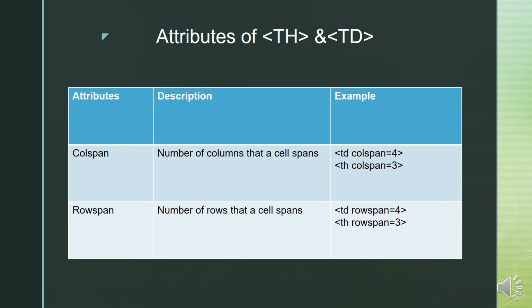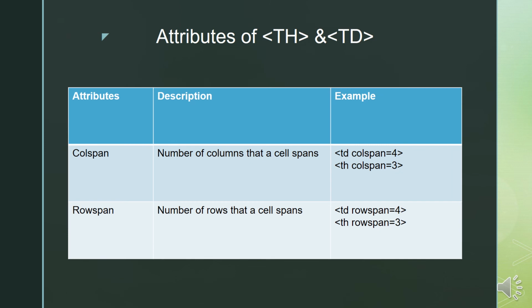The attributes which can be written only with TH and TD are col span and row span. Spanning basically means merging of cells. If I want to merge different cells in different rows, then I'll go for row span. And if I want to merge inside one row, then I will go for col span.